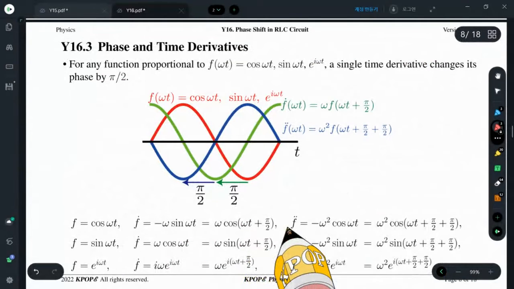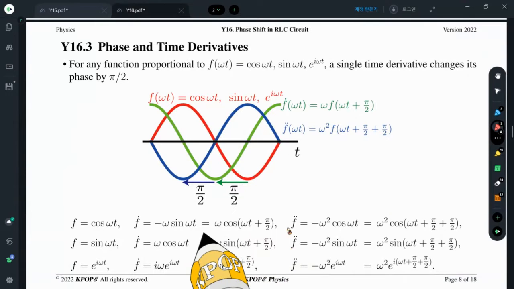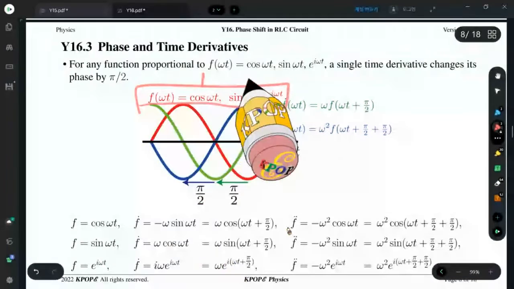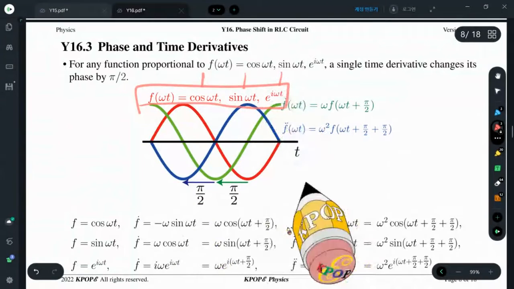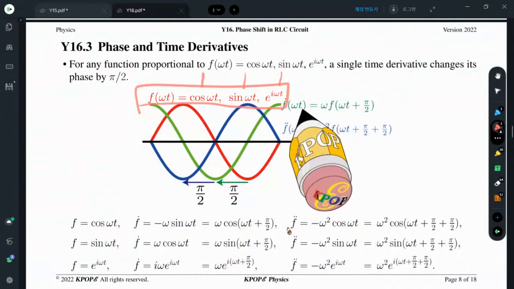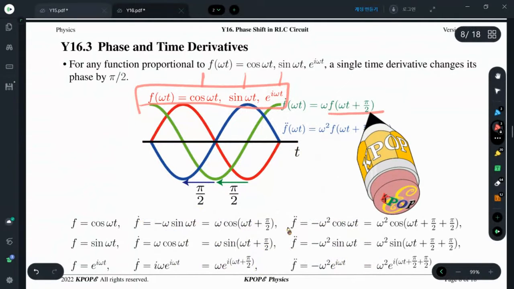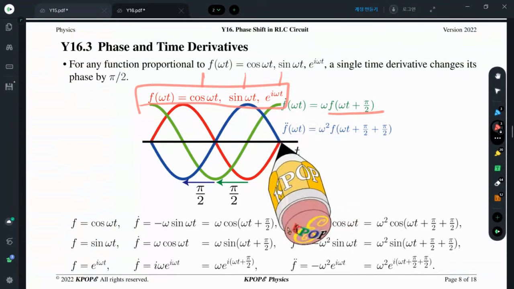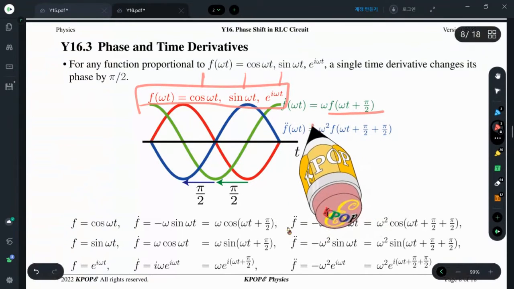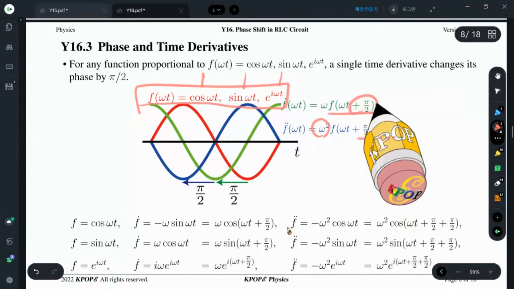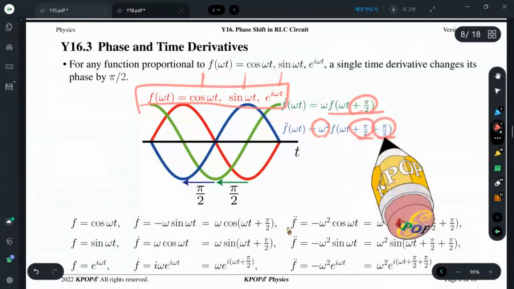Phase and time derivative. We studied this repeatedly. Whatever sinusoidal function it is, whether cosine, sine, or exponential, its time derivative according to the chain rule is omega multiplied by this function. Okay? Double time derivative, omega squared multiplied by this function. This is just the phase shift after the derivative.